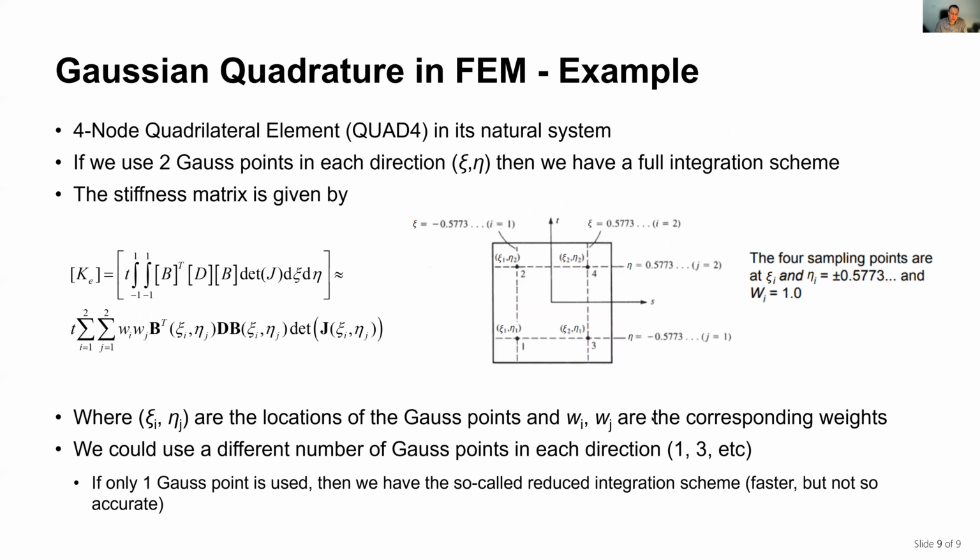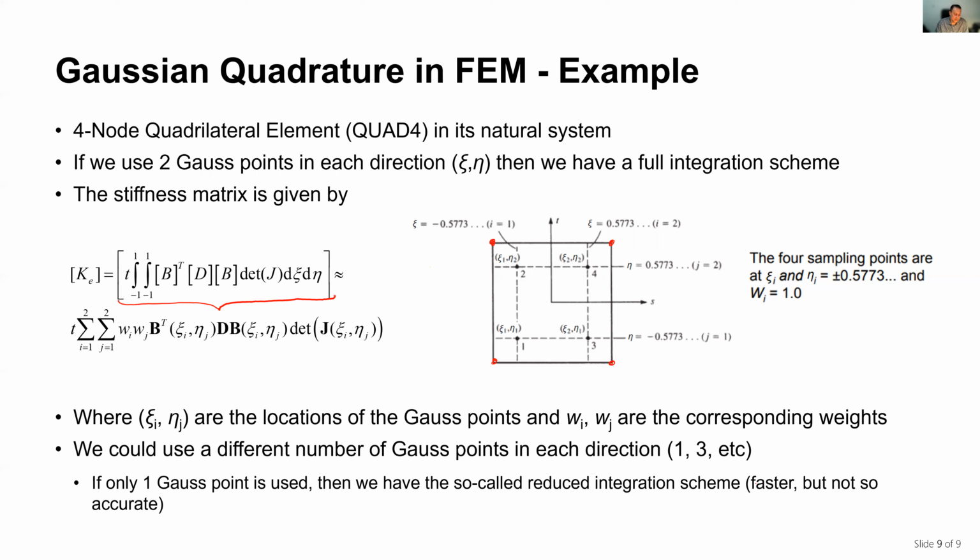As an example, I can show here a 4-node quadrilateral element, quad 4, in its natural system that you see here with the 4 nodes. And you can see that we will end up with this double integral here when we want to calculate the stiffness matrix of this element.